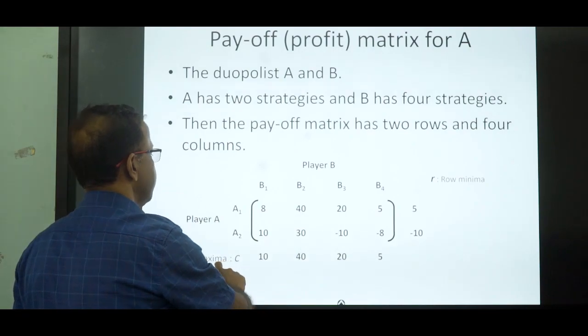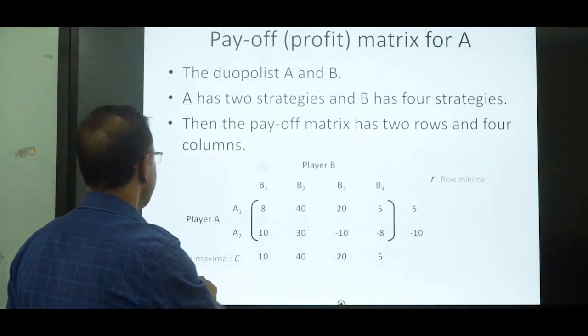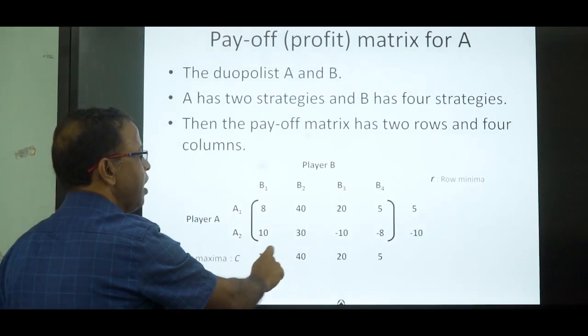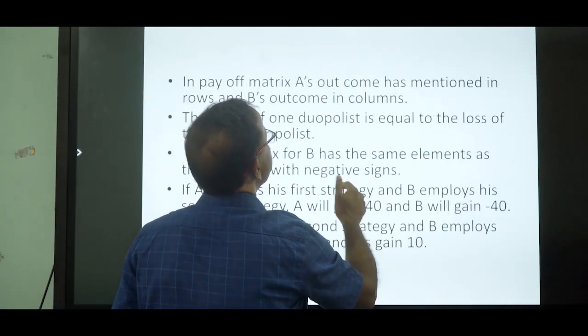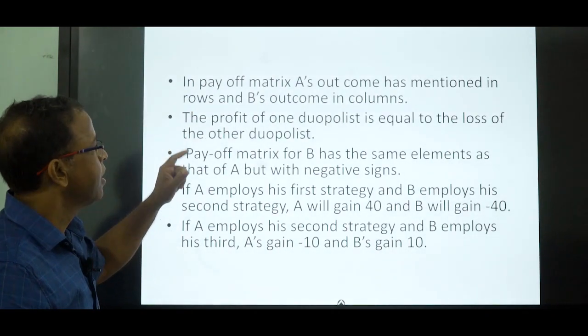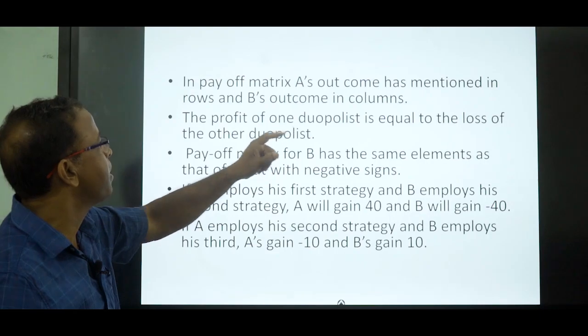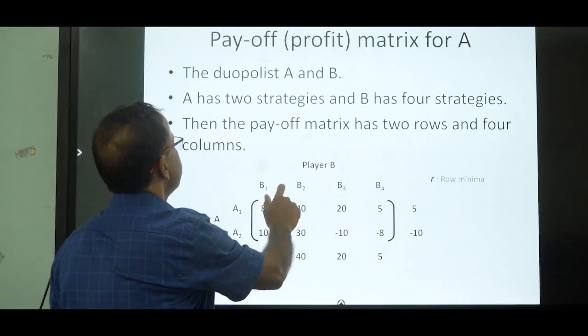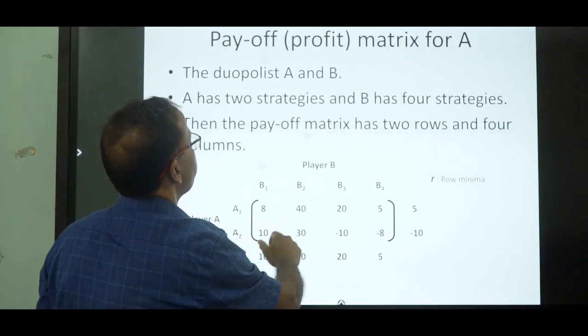And these values are called column maxima. That means from the columns we determine the maximum value. And next, in a payoff matrix, A's outcome is mentioned in rows and B's outcome in columns, which is already shown in this payoff matrix.